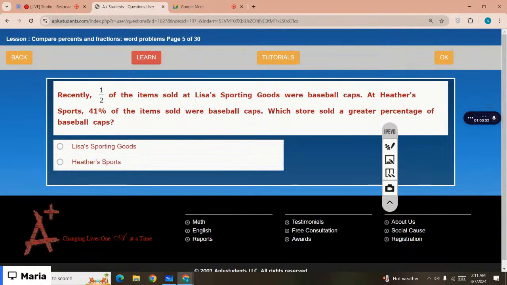Recently, half of the items sold at Lisa's Sporting Goods were baseball caps. At Heather's Sports, 41% of the items sold were baseball caps. Which store sold a greater percentage of baseball caps? So, which is the correct option?